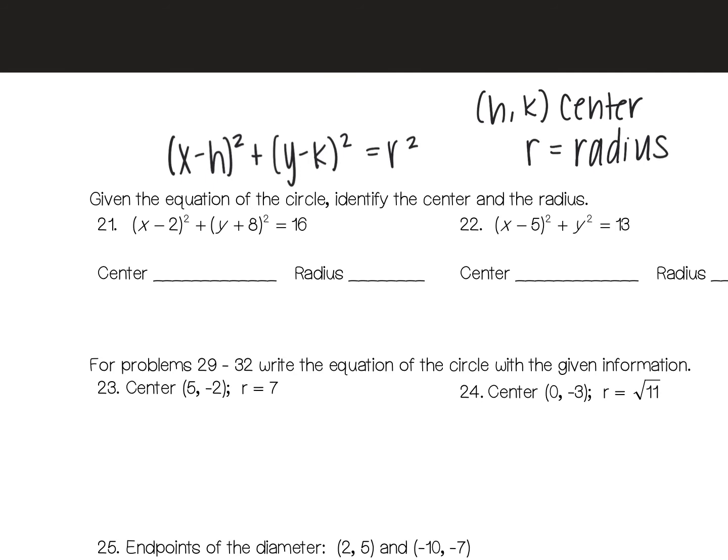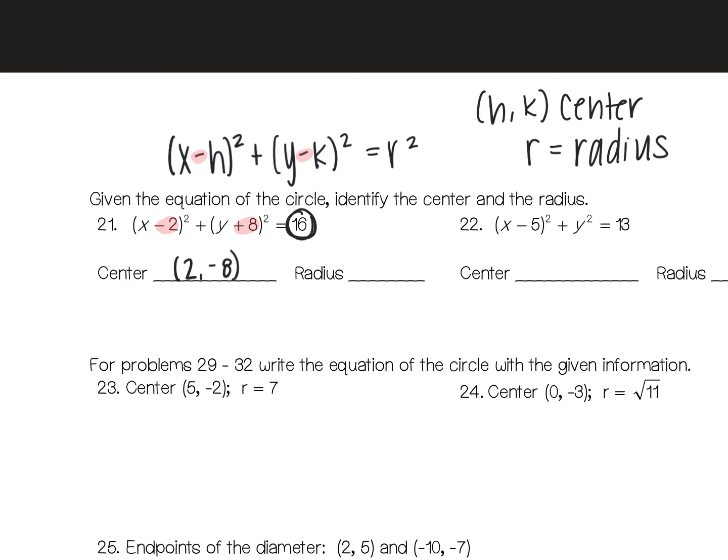Since in the equation we have these minus signs, whatever you're seeing in the equation, we're actually going to be using the opposite sign. So for example, in this first one, visually what I'm seeing is -2, +8. But when I pull the center out of the equation, it's really going to be +2, -8.